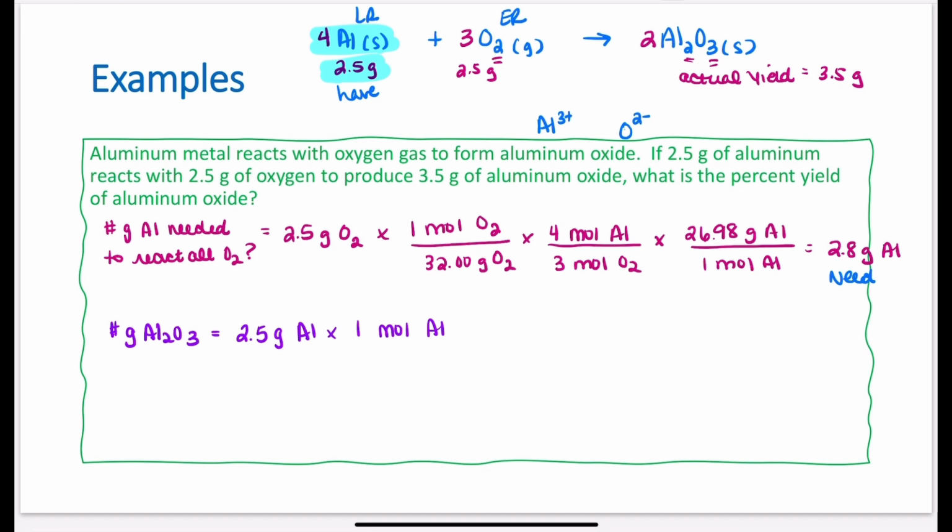Convert to moles. Can't compare grams. 1 mole of aluminum weighs 26.98 grams. Now I'm in moles of aluminum. Now I can use my balanced reaction to go to moles of aluminum oxide. 2 moles of Al2O3 are produced for every 4 moles of aluminum consumed.